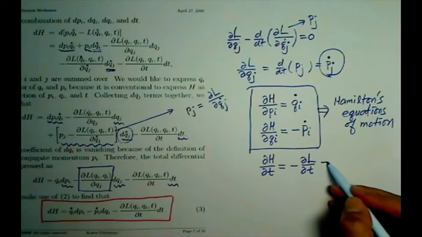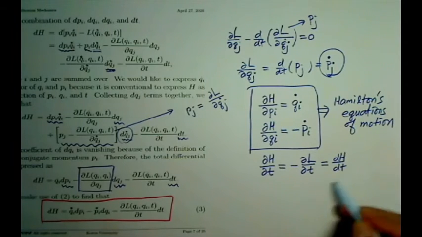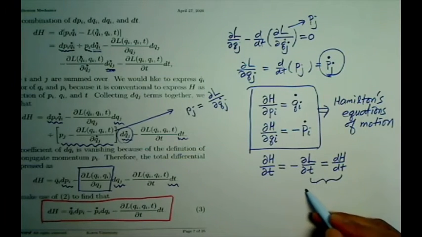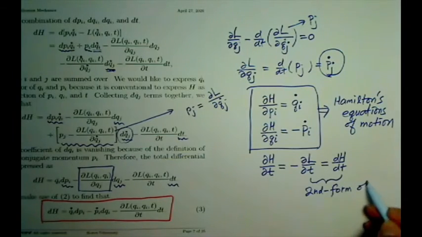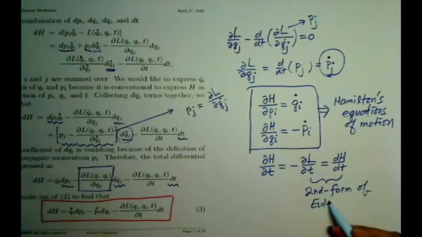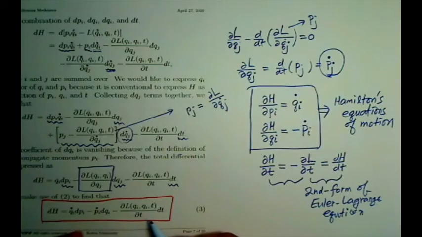We know that this one is the total time derivative of the Hamiltonian. This is the second form of the Euler-Lagrange equation, and this one can be obtained from this relation. Alright.